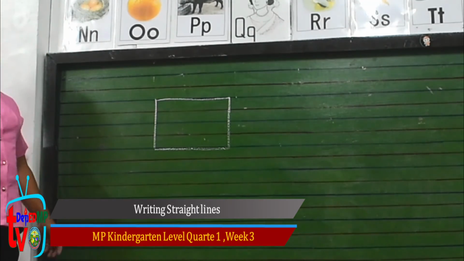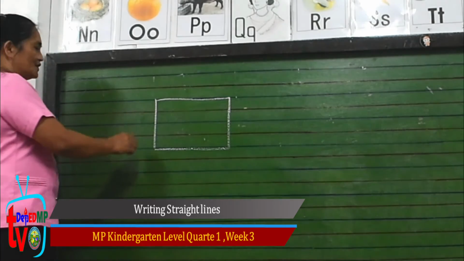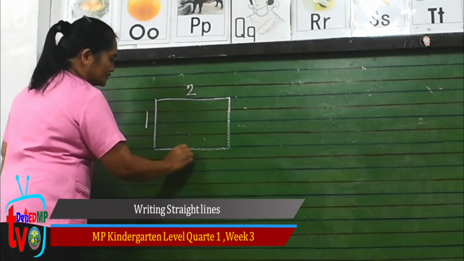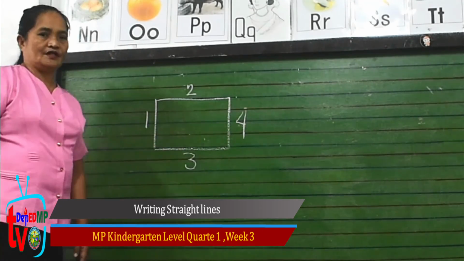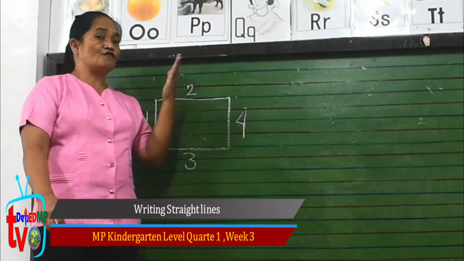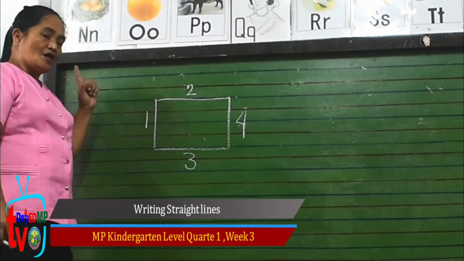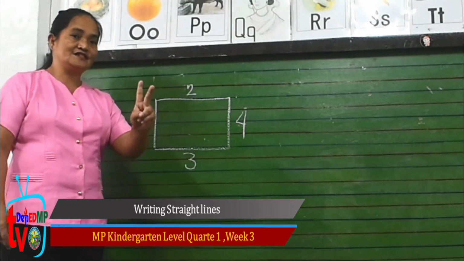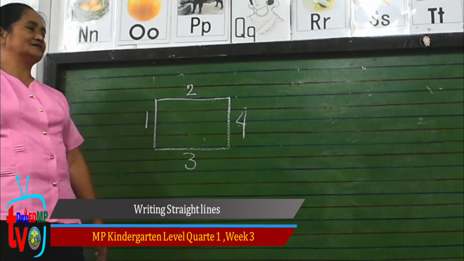How many straight lines did we use? Count. 1, 2, 3, 4. Yes, we used 4 straight lines. 2 standing lines, and then 2 sleeping lines.